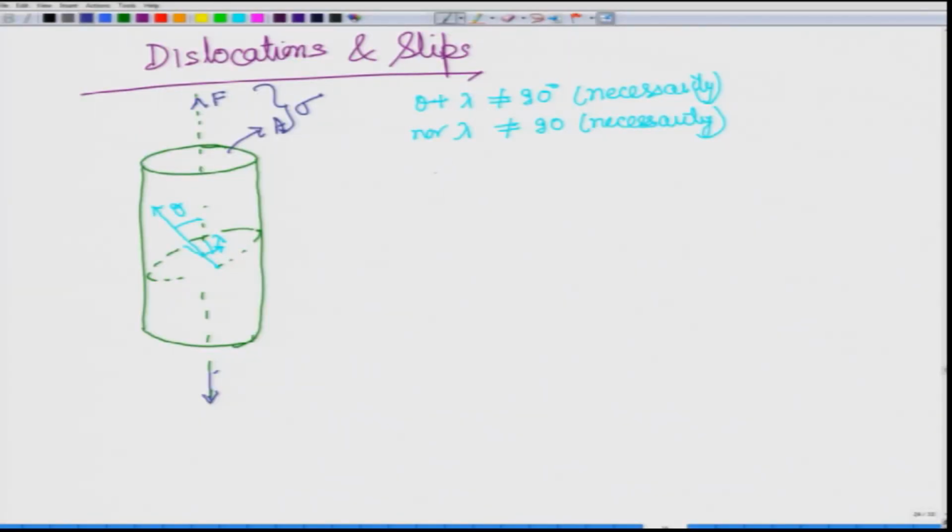Therefore, we can say that onto this particular plane, which is the plane onto which the dislocation lies, the resolved shear stress is equal to F by A cos phi cos lambda.